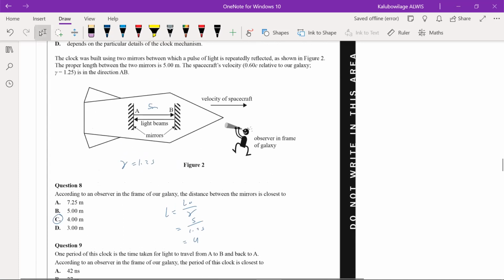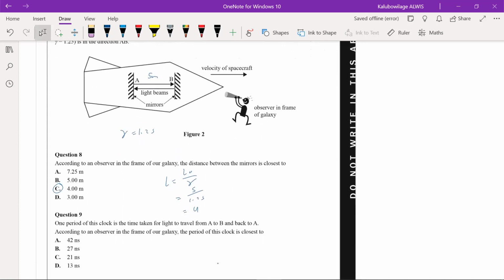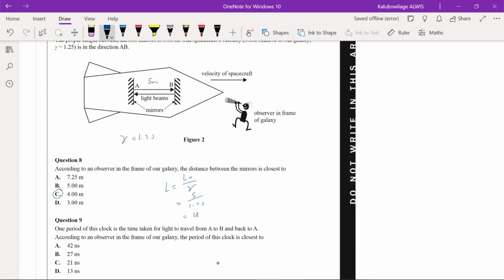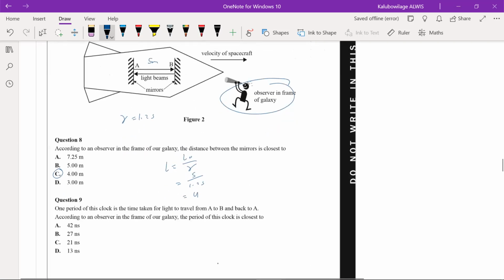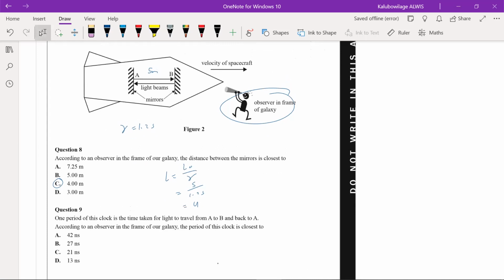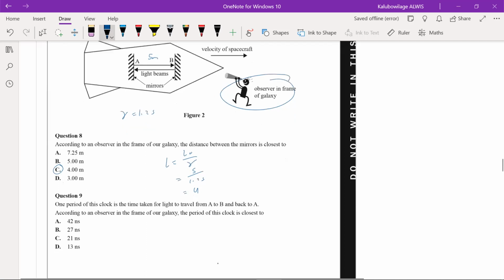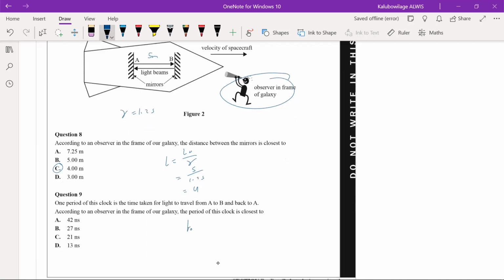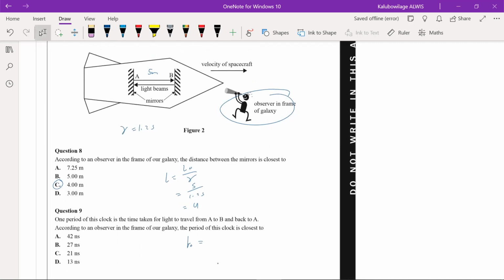So according to an observer in the frame of a galaxy. So again, this guy. We can find my T for 1, it's 10 meters.